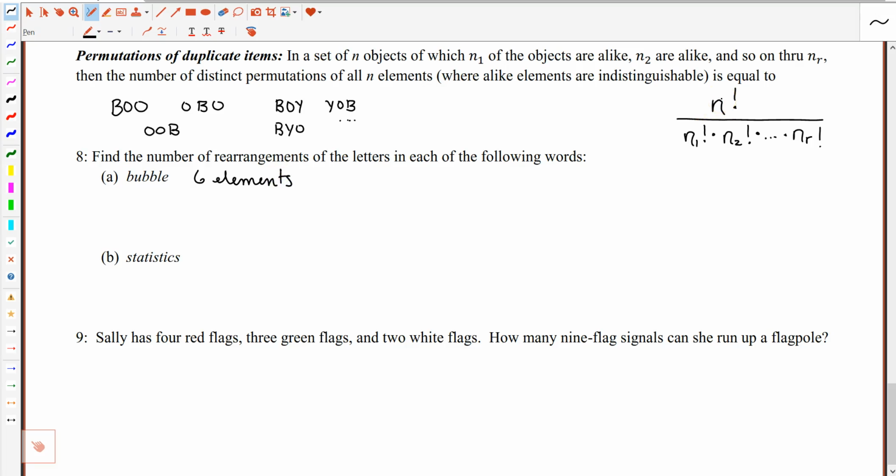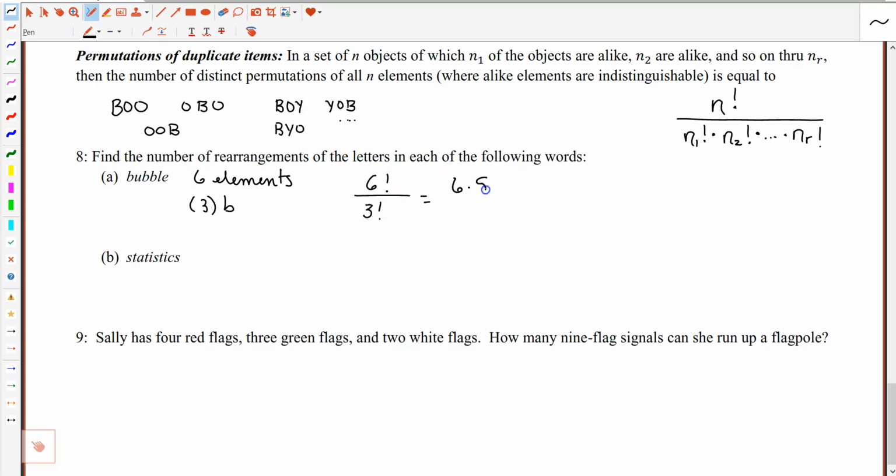But now I'm going to keep track of repetitions. The element b occurred 3 times, so that's what I keep track of in my denominator. My numerator will be 6 factorial. The denominator would be 3 factorial.